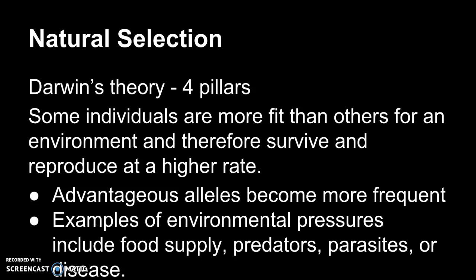And in order to evolve through natural selection, you have to be able to reproduce. So advantageous alleles become more frequent. And remember, advantage was one of those 4 pillars. So if you have an advantageous allele, you're going to be more likely to survive in that environment, and you're going to be more likely to pass it on to your offspring.